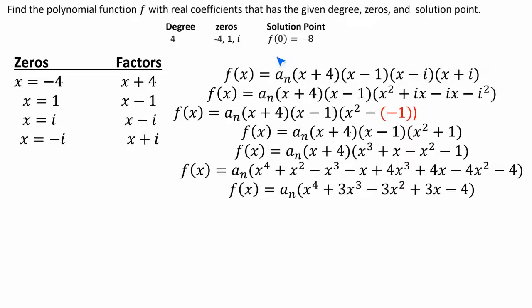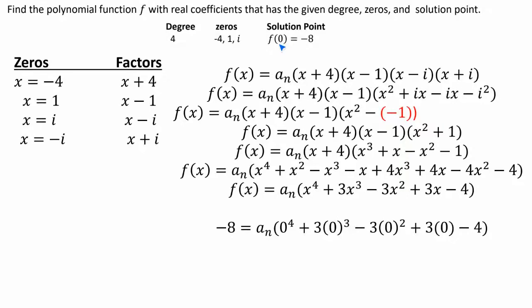Okay. So if we look at our solution point, f of 0 is equal to negative 8. Well, what do we know about 0? Is this going to be our x coordinate or our y value? Okay, so that number in there is going to be our x. And then if we input x, we get negative 8.